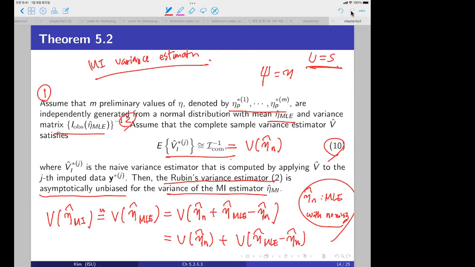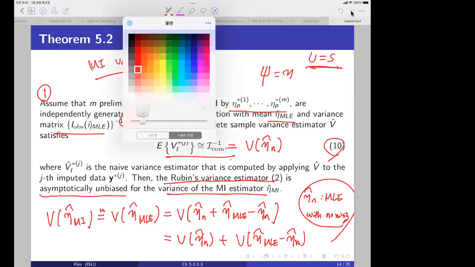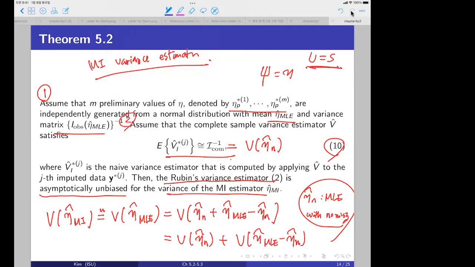Okay, and so the message is that this guy estimates this guy. So this guy is actually the expectation of the W term, right?